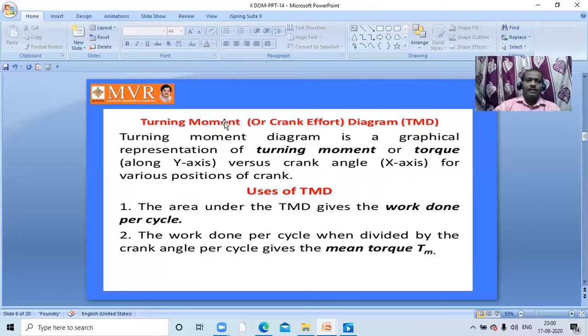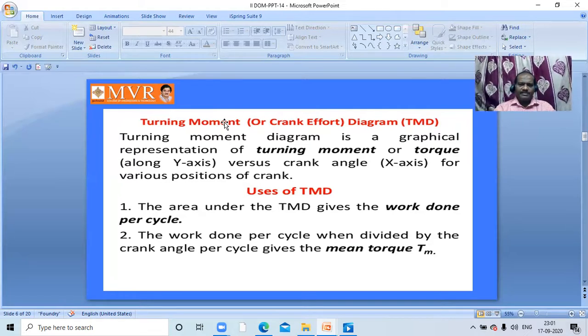See, the turning moment diagram for the crank. So the turning moment diagram is a graphical representation of turning moment or torque along the y-axis versus crank angle, the position of the crank, which is the x-axis. Uses of TMD. The area under the TMD gives the work done per cycle.